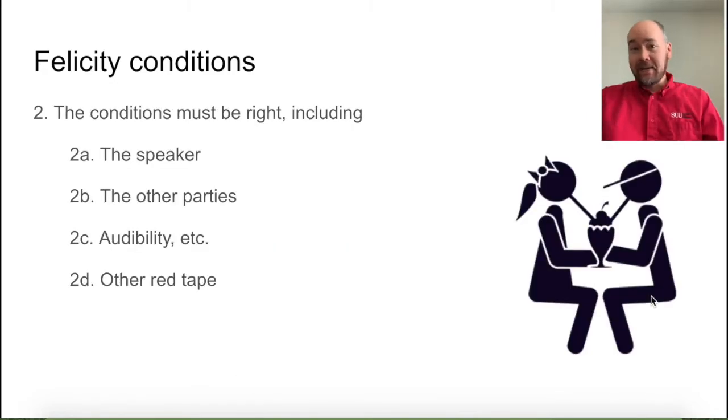Anyway, there are a lot of other conditions, and the other conditions will really depend on the particular verb and the culture and society in which they're said. As we saw with the example of the priest, the speaker has to be the right kind of person, has to be recognized as a person who has that kind of authority in order to perform a performative speech act, right?